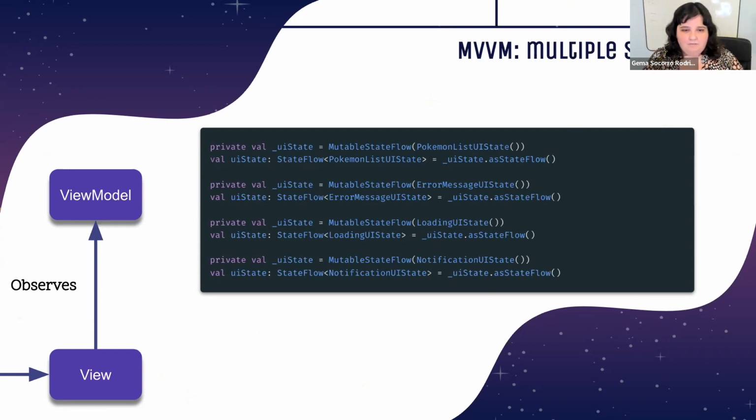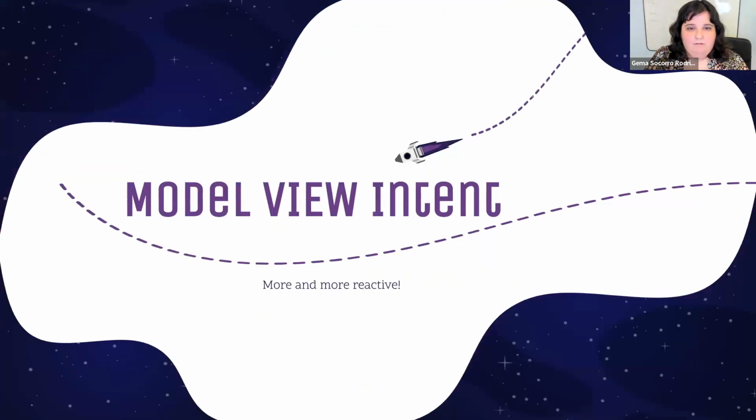Okay, so these two are the cases, but if you attempt to just use one UI state to model everything, it will be better because it will be more manageable, easier to test. You will avoid inconsistencies, so it will be better.